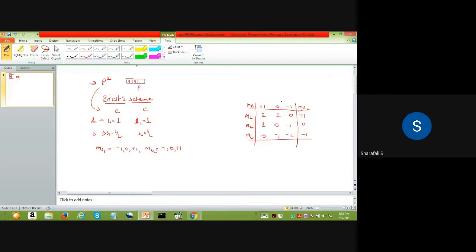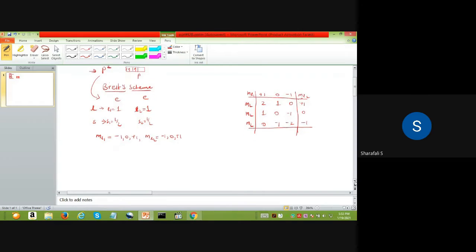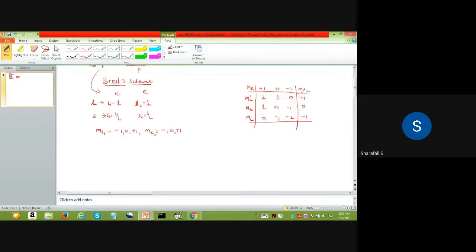This is ML1, this is ML2, and this is the total capital ML value. These are the values which are possible for the resultant L. Now let's consider the S values. We have S1 equal to half and S2 equal to half. So the total S will be S1 plus S2 to S1 minus S2.